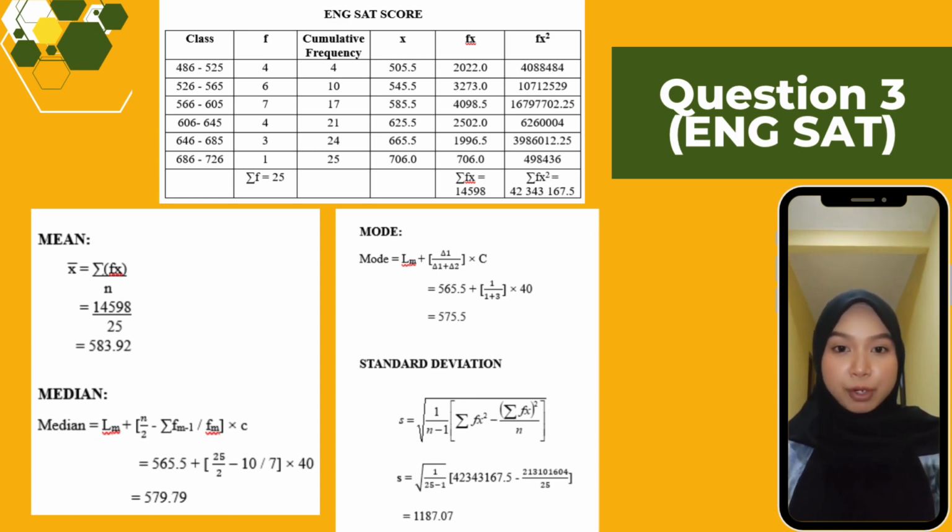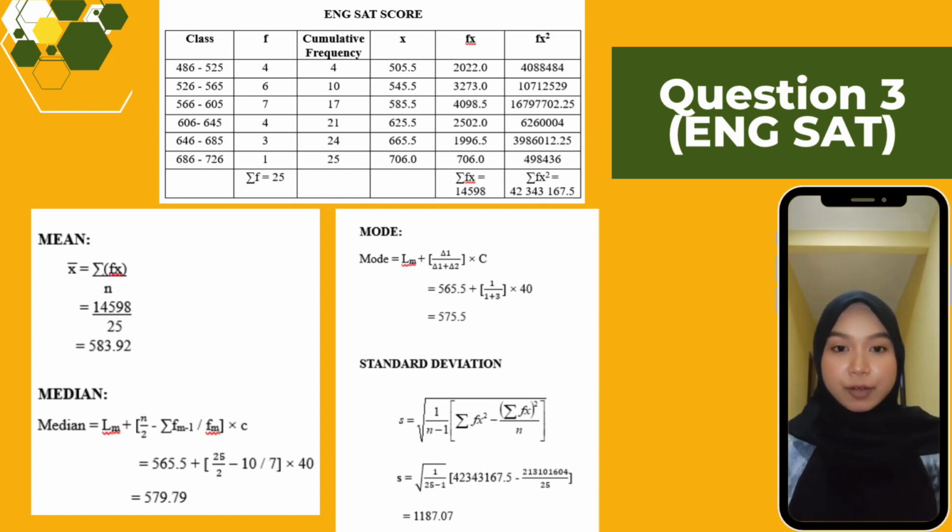To calculate the mode for the English set: 565.5 plus bracket 1 divided by 1 plus 3 close bracket, then multiplied by 40, which equals 575.5. Then I will continue to explain the standard deviation for the English set.